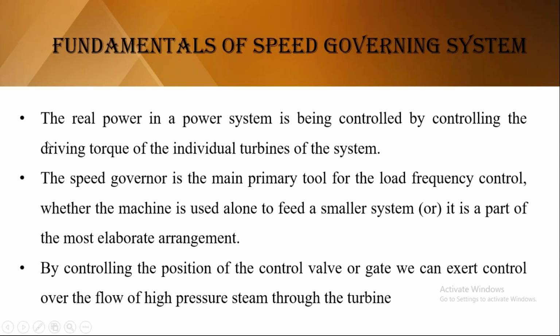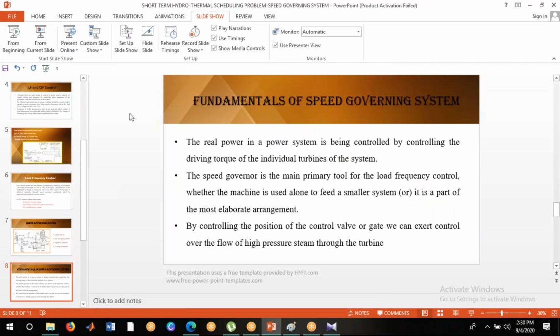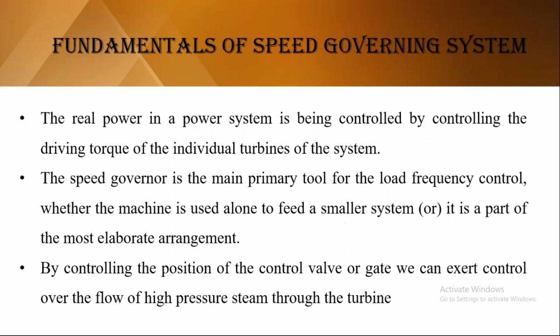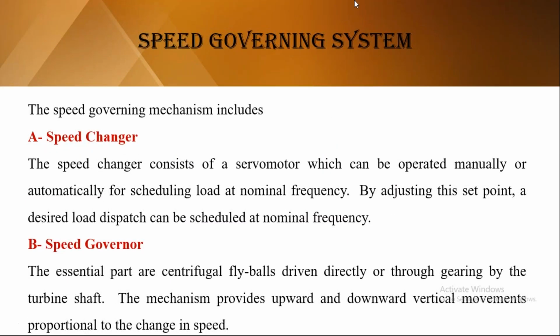Now let me see what devices, what parts are included in the speed governing system. We will discuss one by one the devices included. The first one is the speed changer. The speed changer has two ways: we can move it upwards or downwards based on our requirement.